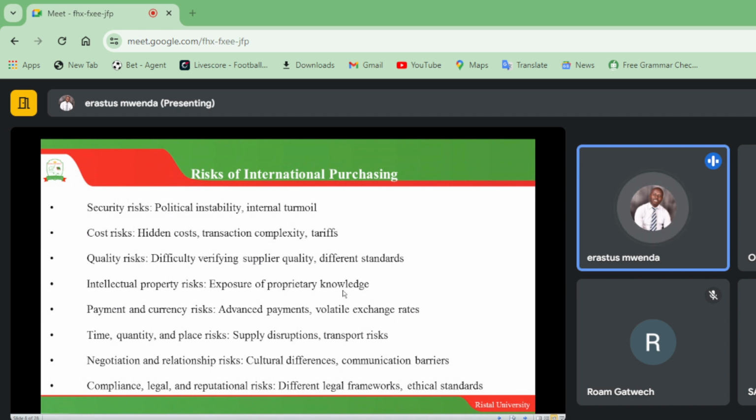You could be buying an item from somebody, but the trademark that they are using is a copy-pasted trademark. It's a trademark that has been stolen from a place. If I ask you today what tells you that a car is a Mercedes Benz, you will see the trademark on top of the bonnet there. That's what we are referring to as the trademark.